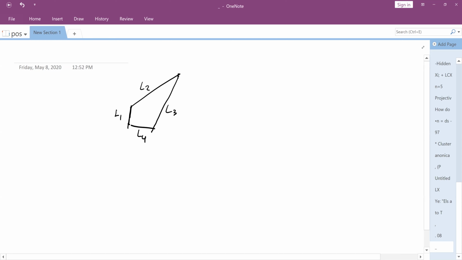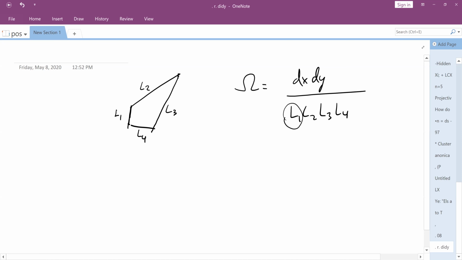Now here's the problem: the form was dx dy over L1, L2, L3, L4. Let's say I send L1 to 0. That means that I'm restricting myself here.